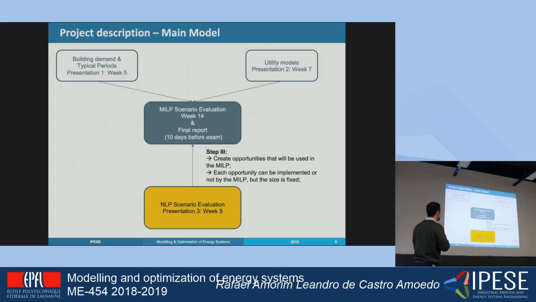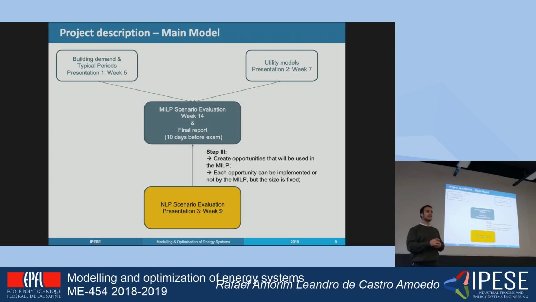In the end, what you will have from this NLP scenario evaluation is that you will create some opportunities that will be implemented in your main MILP model, okay? So the big MILP model will be able to select these options. There will be a binary variable, 0 or 1, but the size is fixed.